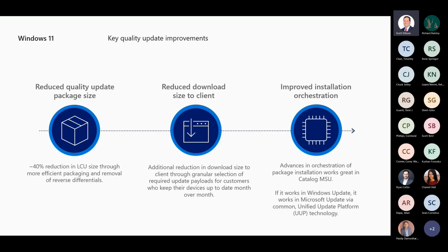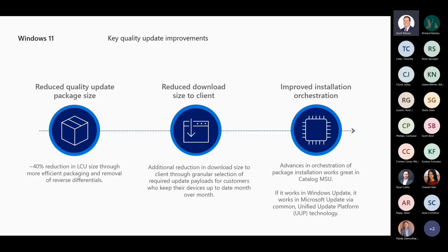We've also made some improvements in the quality updates. Due to more efficient packaging, you'll notice our LCUs, the acronym for latest cumulative update, with more efficient packaging and removable differentials, we've been able to reduce the package size by about 40%.